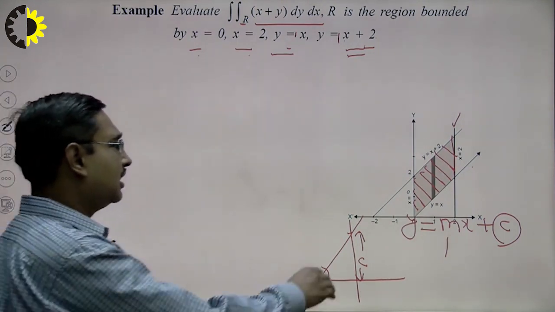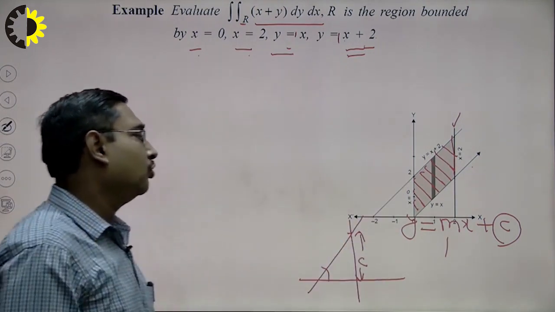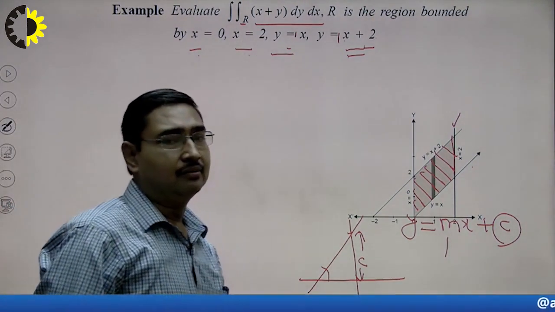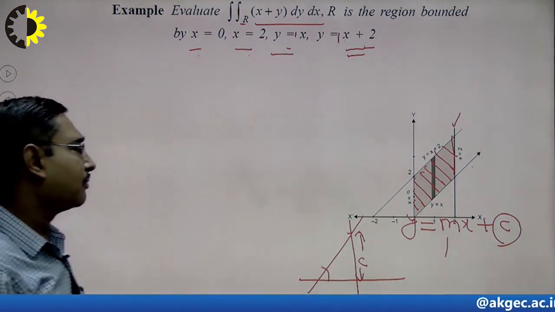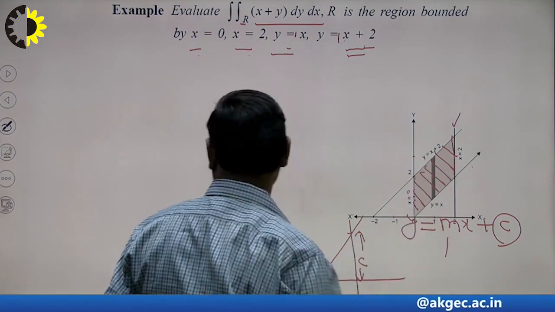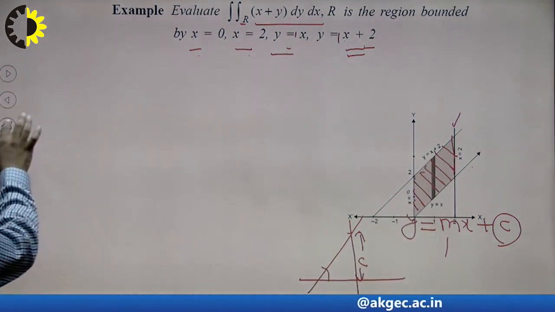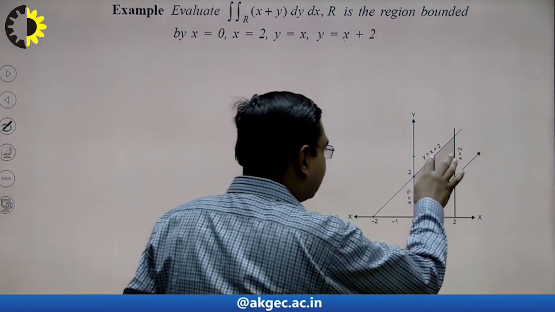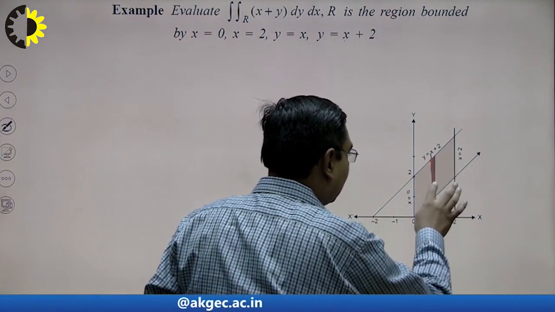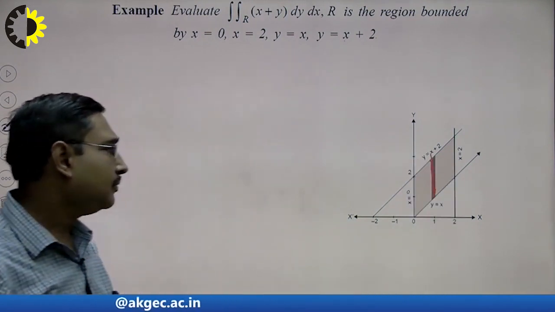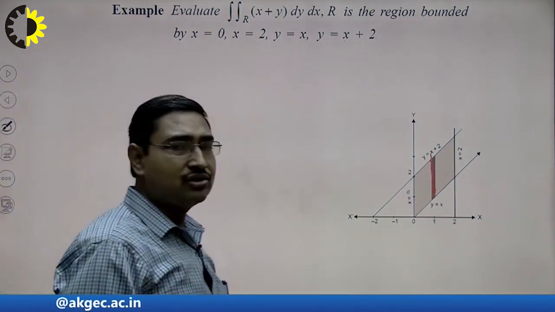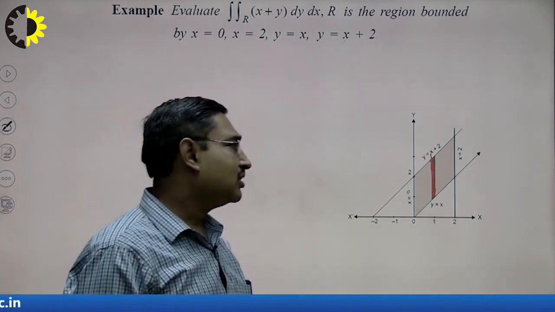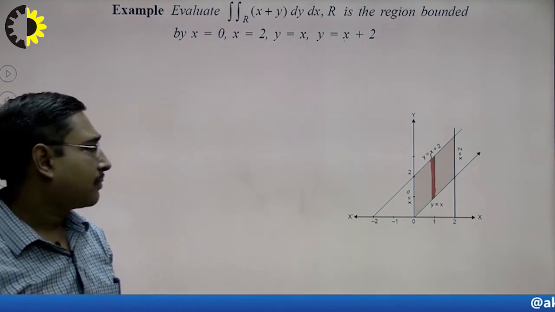We shall use this region of integration to find the limits of this double integral. For this, I again divide this region into vertical slices. This is an elementary slice drawn here. We shall find the limits of y with the help of this slice, and then the limits of x will be calculated.